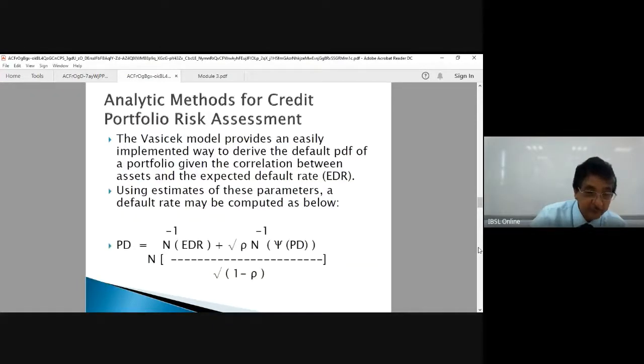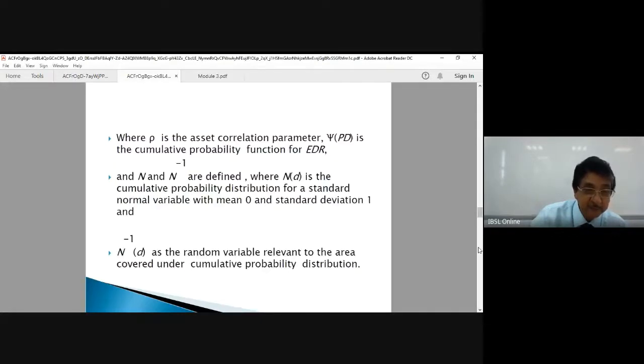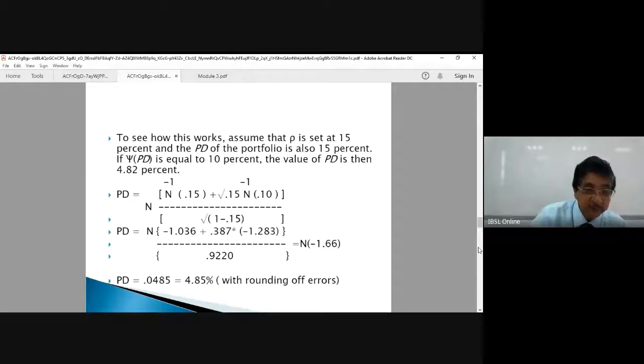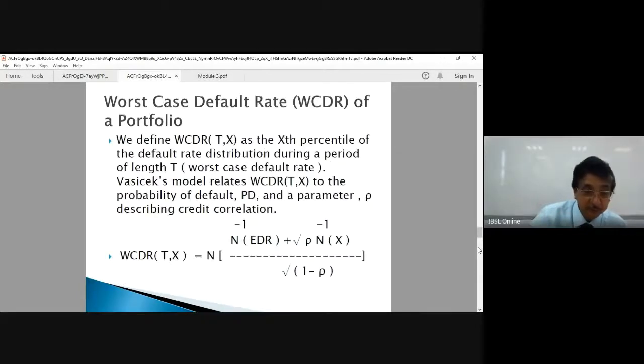You look at this formula, and later on I told you there's a particular one. Now this is the formula. This is what you call the worst case default rate. The worst case means this is the maximum you would expect at a particular confidence level.